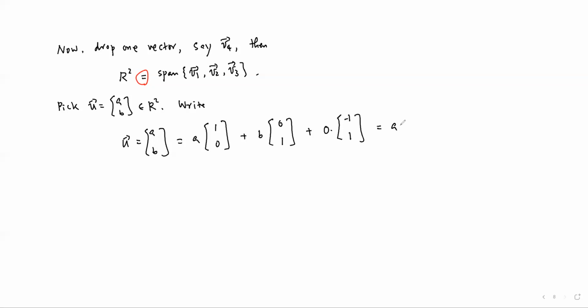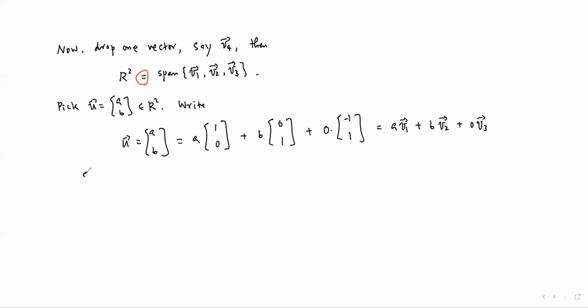This is A times V1 plus B times V2 and 0 times V3. So any vector in R2 is a linear combination of V1, V2, and V3. Any vector is spanned by V1, V2, and V3.